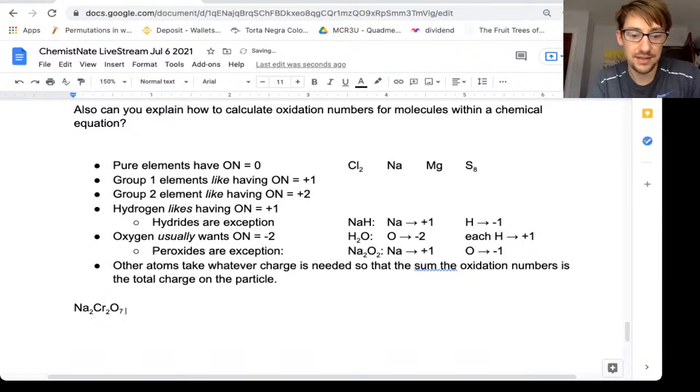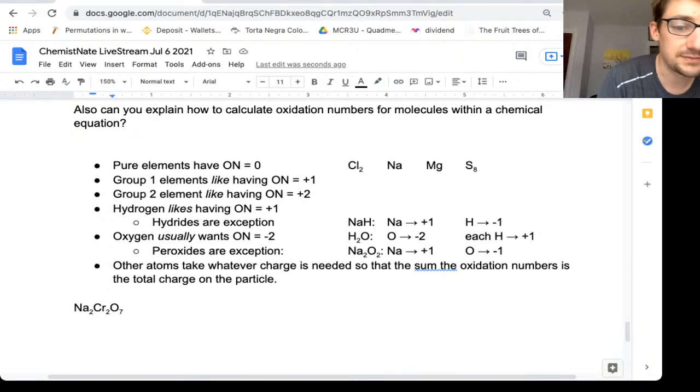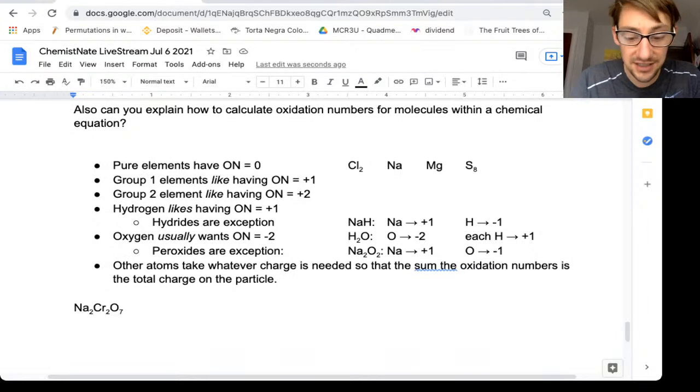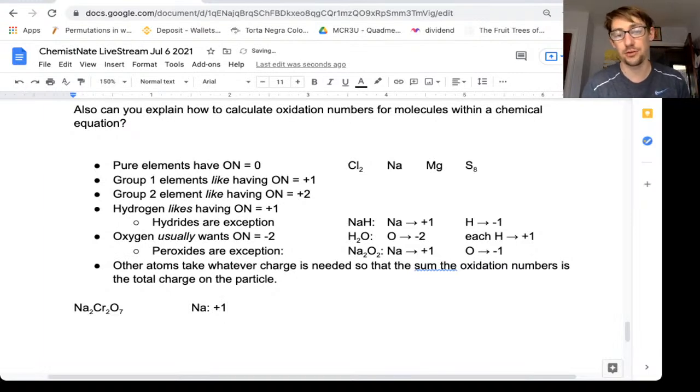Na2Cr2O7. Here's sodium dichromate. This isn't a pure element, so we're not going to deal with the first rule. But there is a group 1 element in there somewhere. So I would start by saying that each of the Nas has an oxidation number of +1.